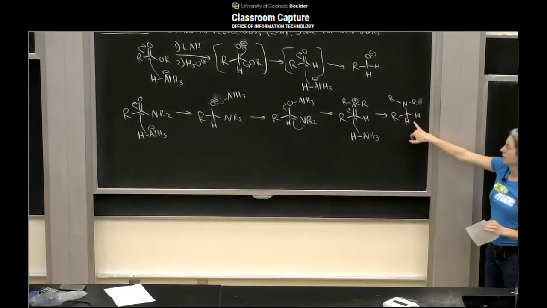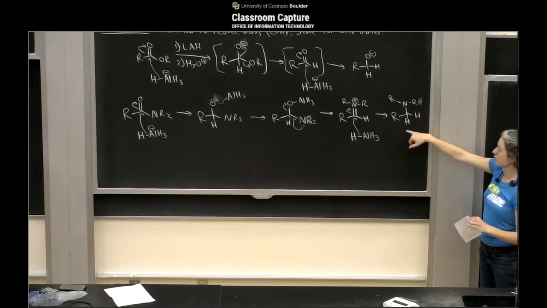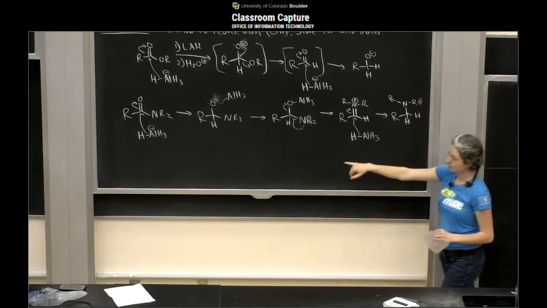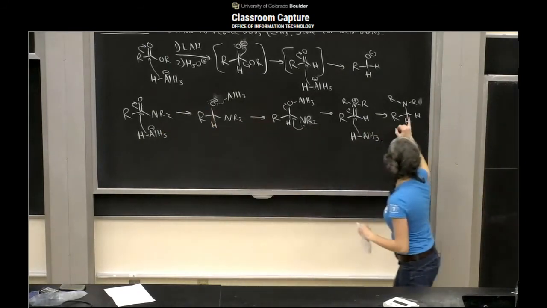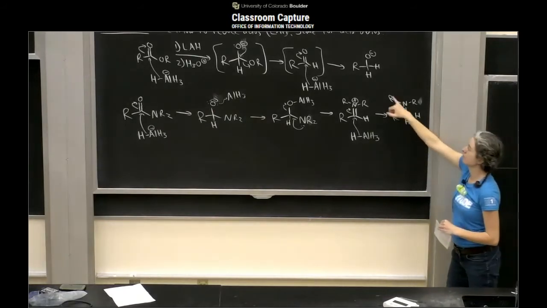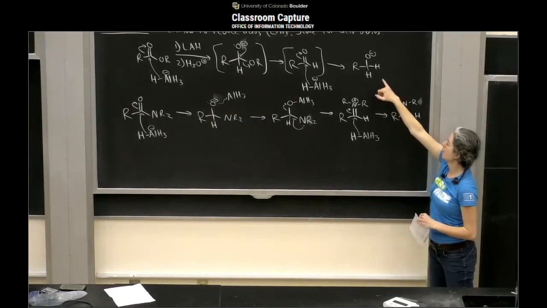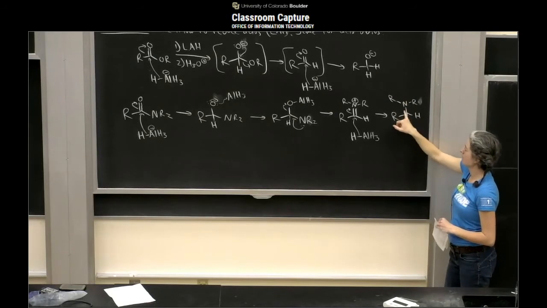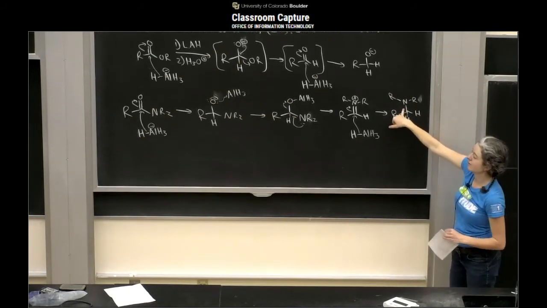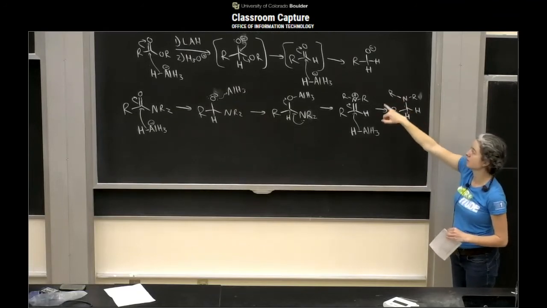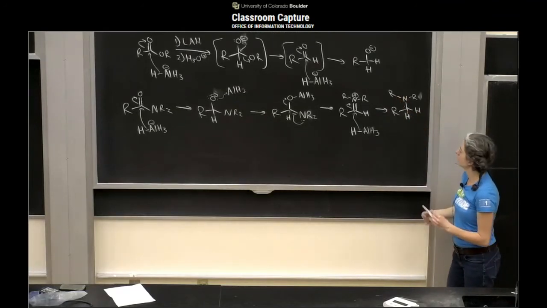And so you're still doing the same kind of overall reduction steps where you go from 3 bonds to electronegative atoms down to 1 bond to an electronegative atom, just like you did for the ester here. The difference is that that 1 electronegative atom that's still on there turns out to be the nitrogen instead of the oxygen, which is not what we would have predicted from looking at the ester mechanism up here.